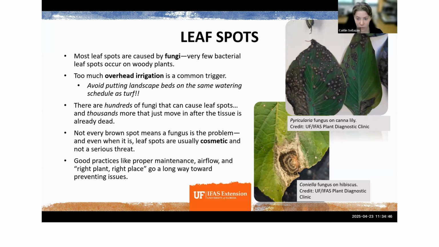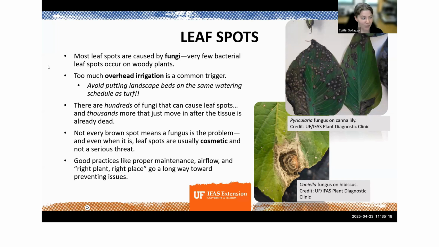And this is the case for all of them: if you have tissue that is 100% dead, it is impossible to figure out what caused the decline or the death of the tissue, because after the tissue is dead, other fungi will move in and they're really good at colonizing the dead tissue. So just keep in mind that just because you have a leaf that has evidence of fungi on it, it does not necessarily mean that that fungus is what caused the decline.